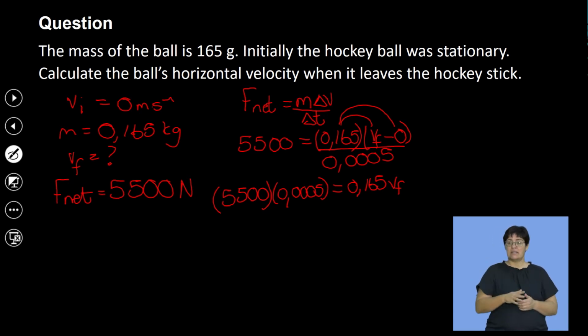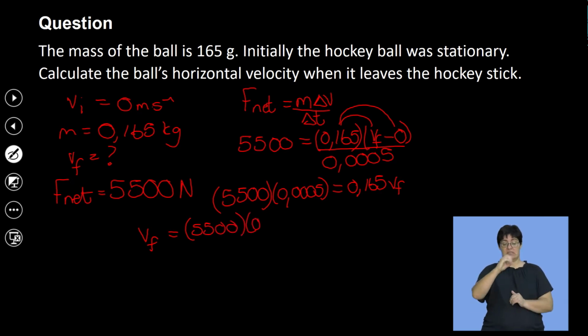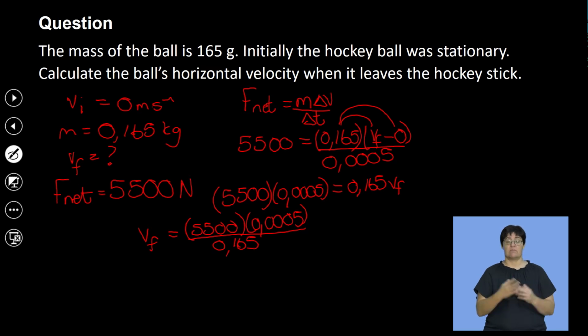I want VF on its own. So VF is going to be 5,500 times 0.0005 divided by 0.165. I've got it into a format that now I can put on my calculator.